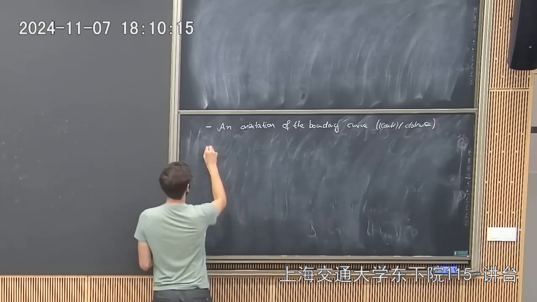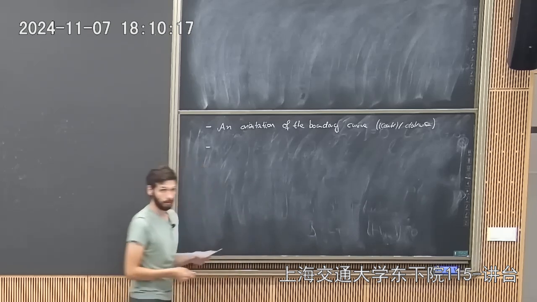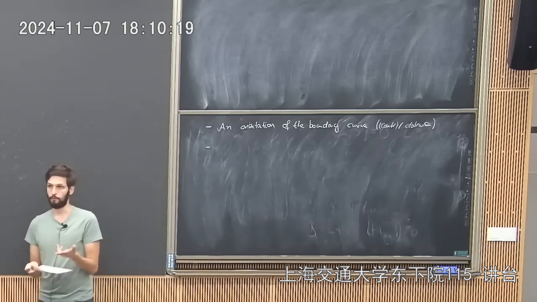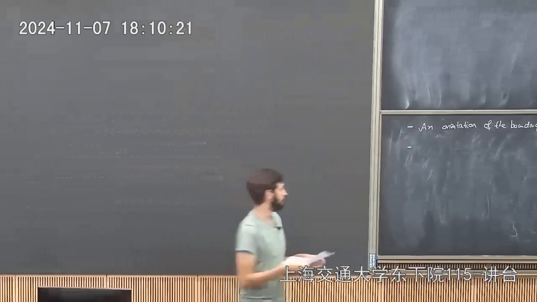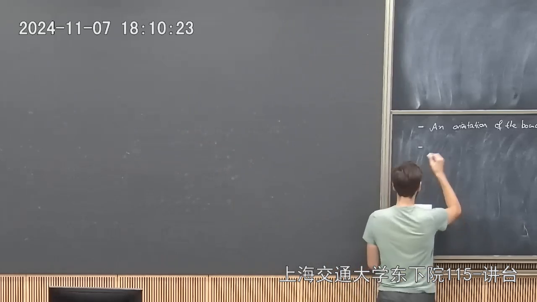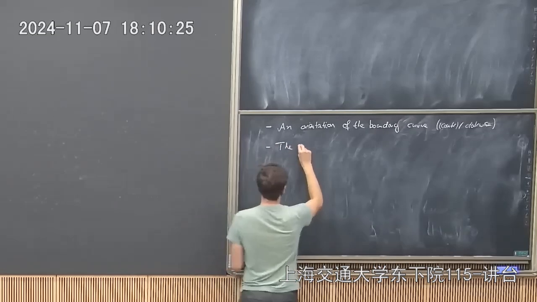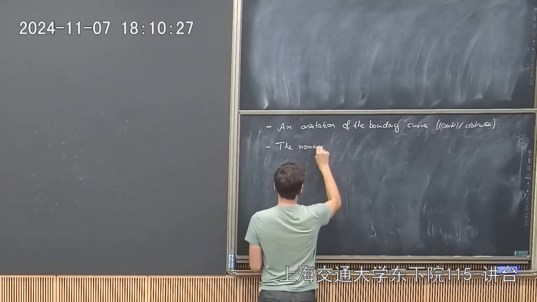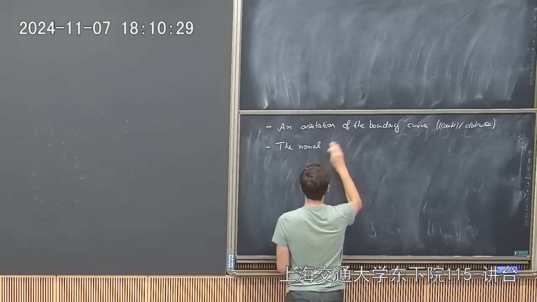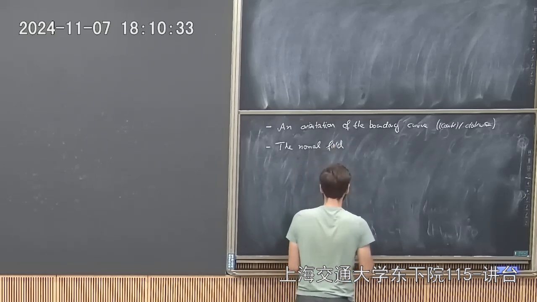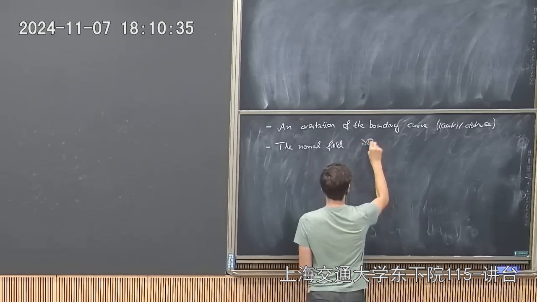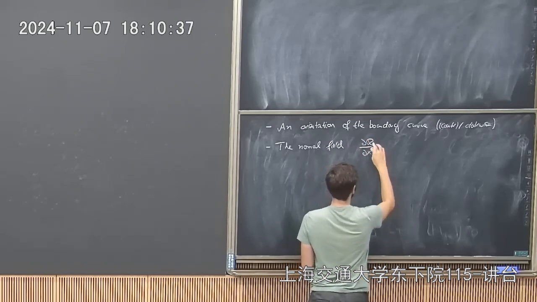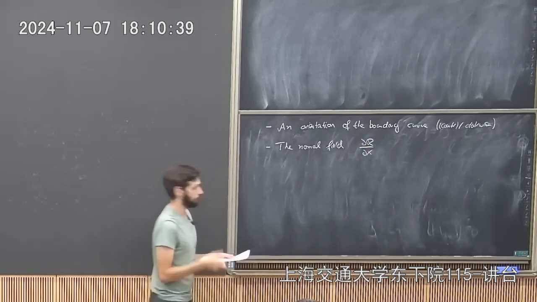And a different way is that we can also think of that as a normal vector that points in a certain direction. In this case, we have a normal field, which we can calculate by this vector. Remember, I is a function of two coordinates.